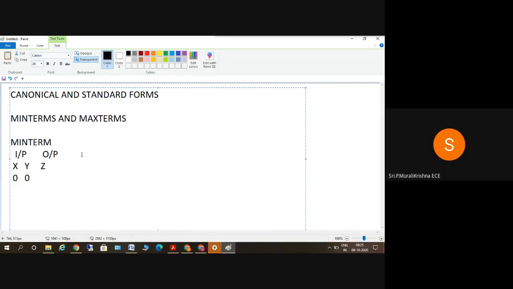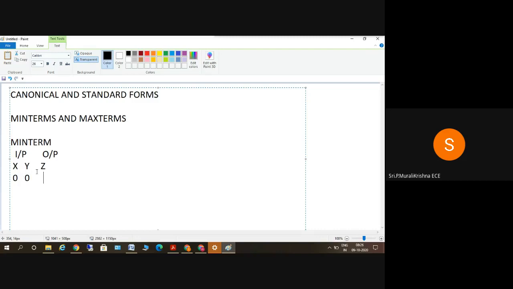So we'll have two forms here, canonical and standard forms. There'll be canonical forms of minterms and maxterms, and standard forms for minterms and maxterms. We'll see what a minterm and a maxterm are right now.